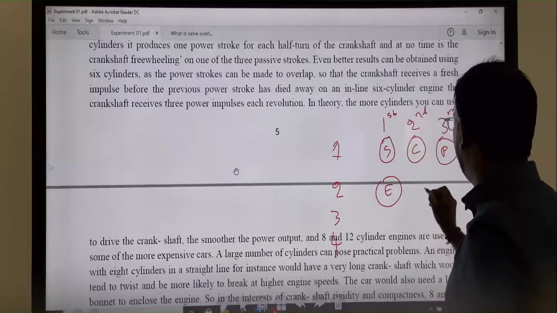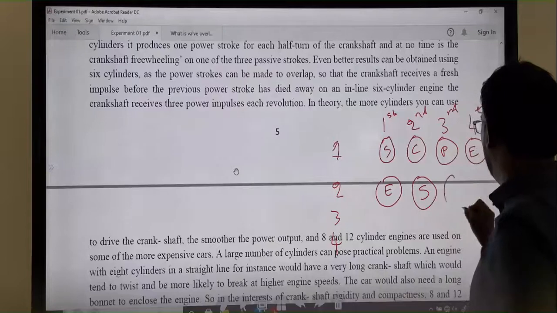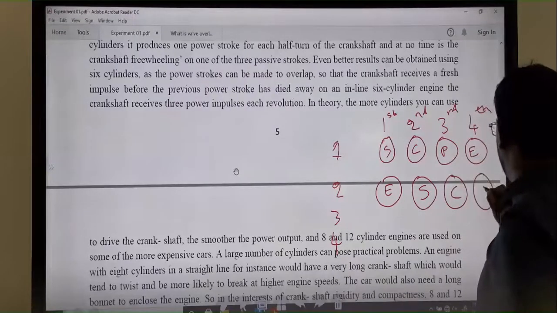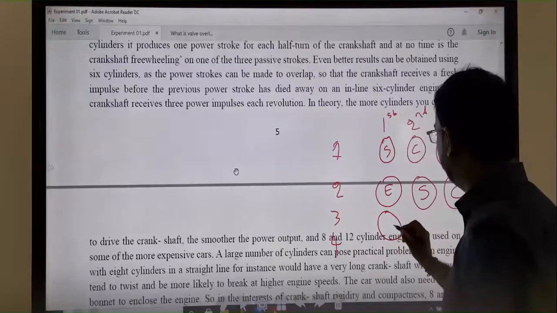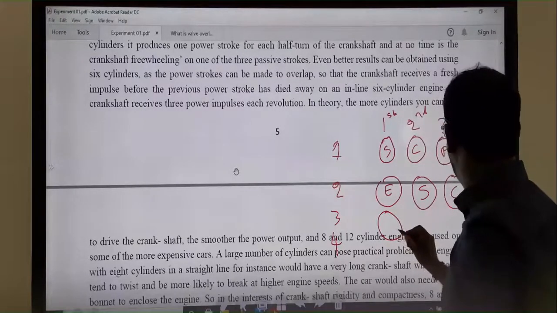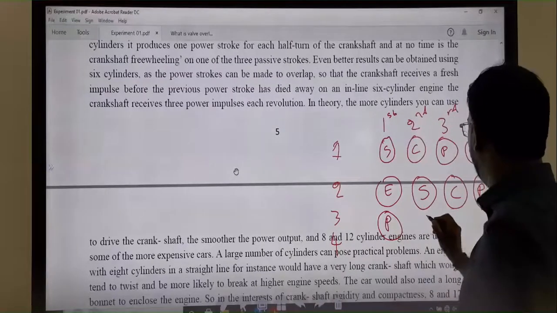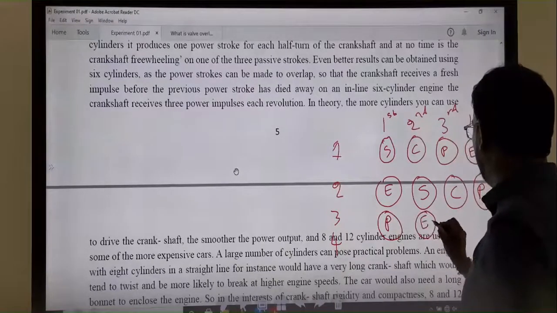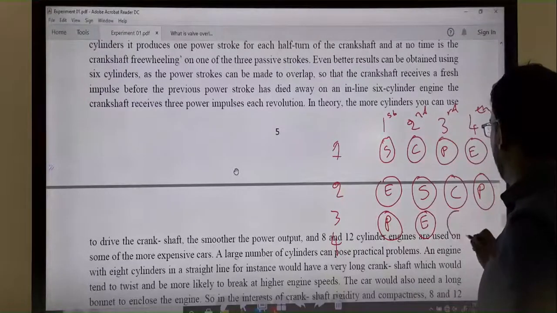For example, suction, compression, or power. Everything can have its order. For example, this is power. This is exhaust. This is suction.